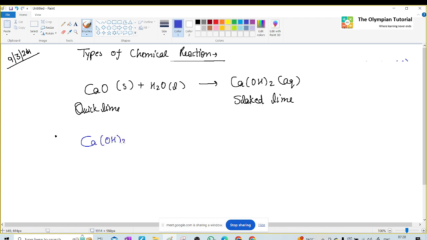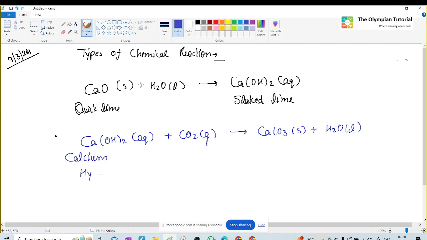Done, ma'am. So calcium hydroxide aqueous plus CO2 gas gives calcium carbonate solid plus H2O liquid. Here you can write calcium hydroxide. Thanya, what is the general name of calcium hydroxide? Slaked lime, and it is calcium carbonate.